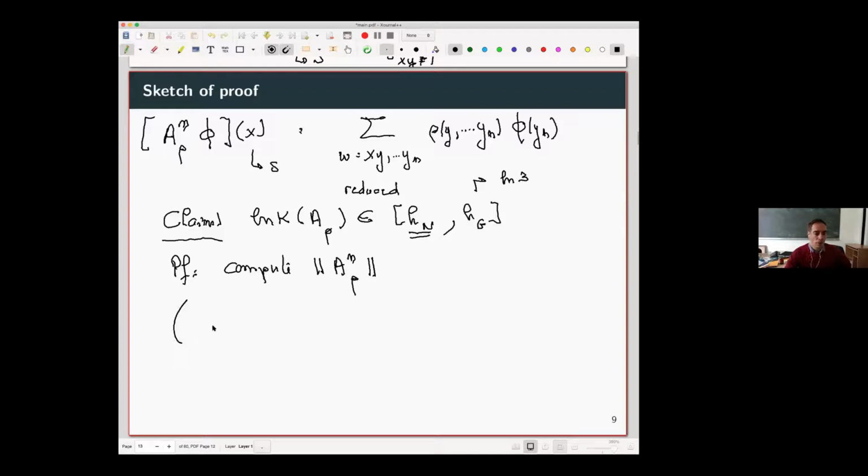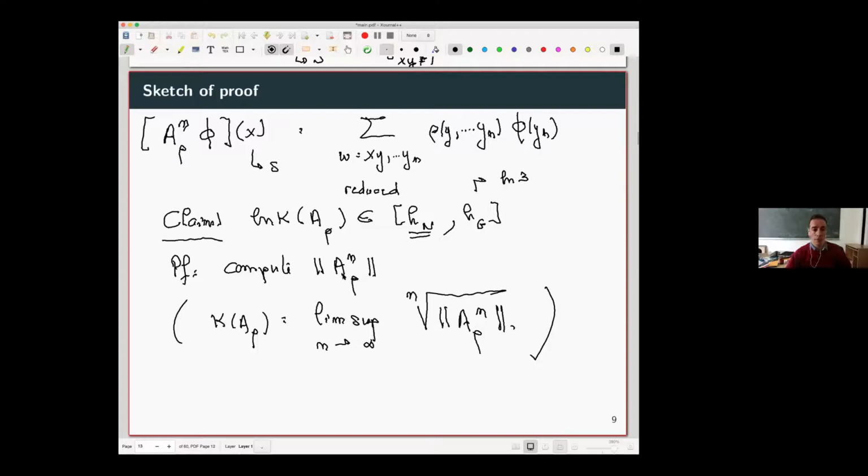Because you may know that the spectral radius of your operator is the lim sup as n approaches infinity of the nth root of the norm of this operator. So if we can give a lower bound for the operator norm of A rho to the n, then you will get a lower bound for the spectral radius. So let's do that.